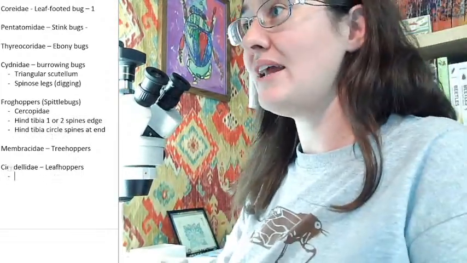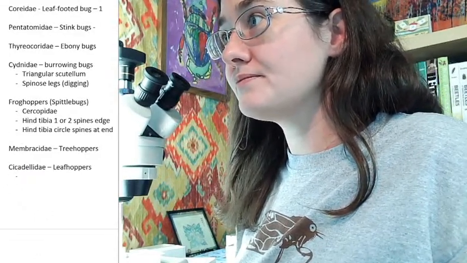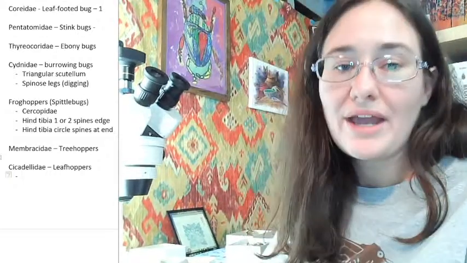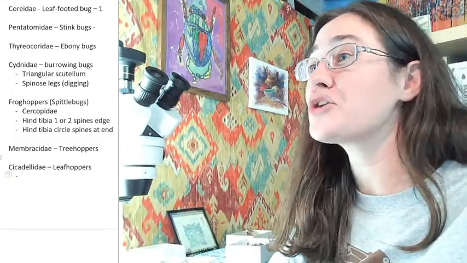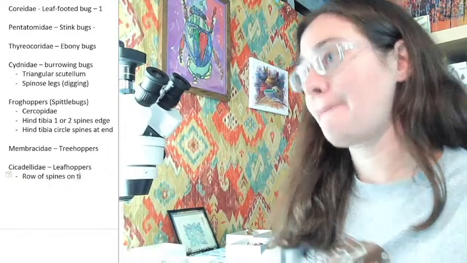With Cicadellidae, we have an entire row of spines on the tibia.